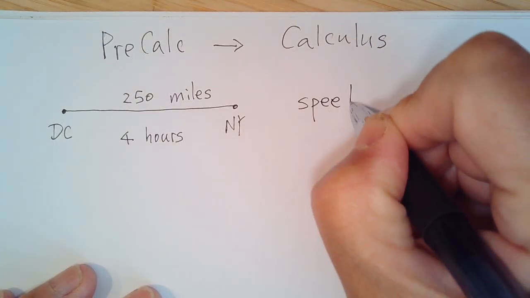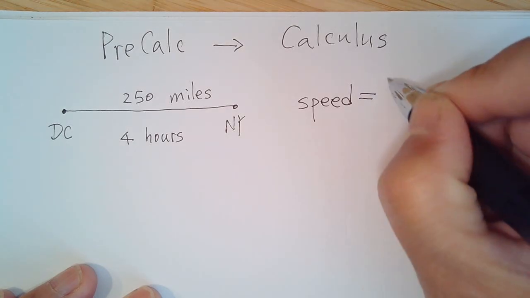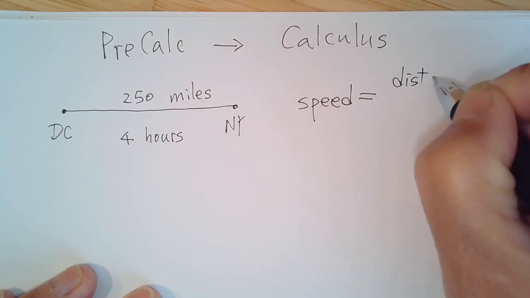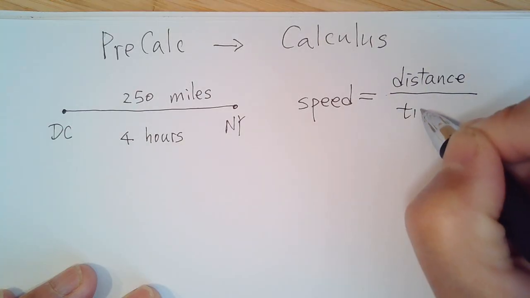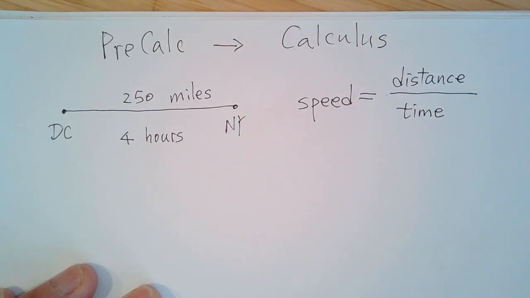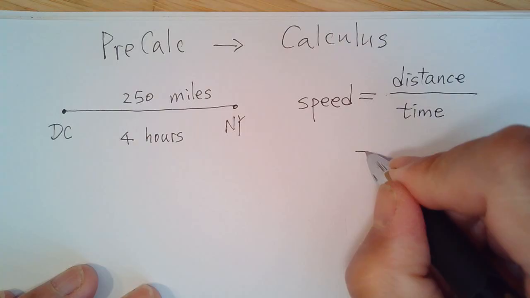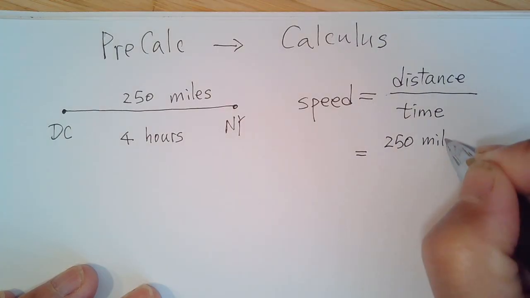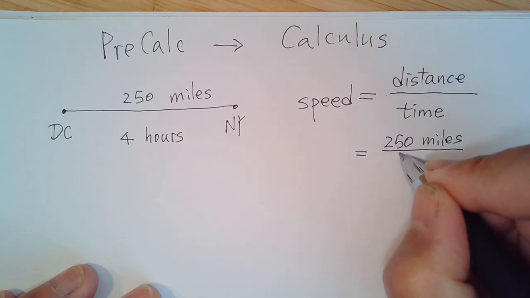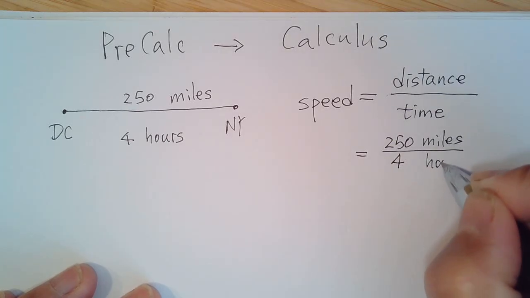You have learned this. Speed is the distance you traveled divided by the time period you spent. So in this case, it's going to be 250 miles over 4 hours.